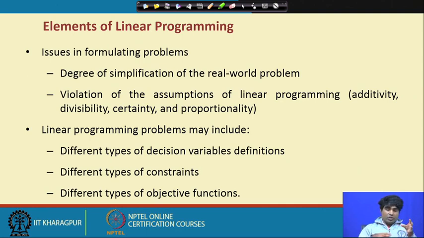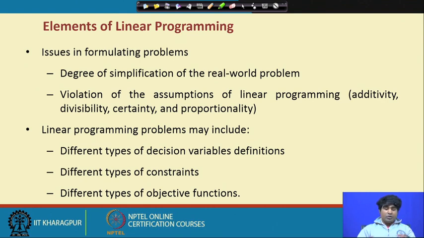And there are some other issues in linear programming, like issues in formulating problems. First is the degree of simplification of the real world problem, and violation of some of the LP assumptions, like additivity, certainty, proportionality, divisibility.